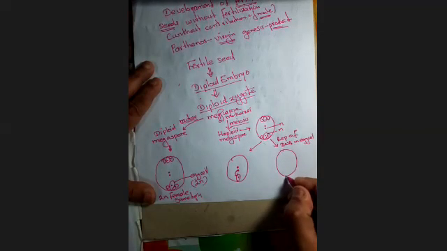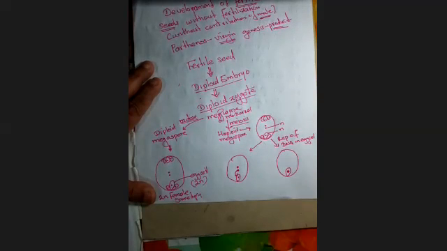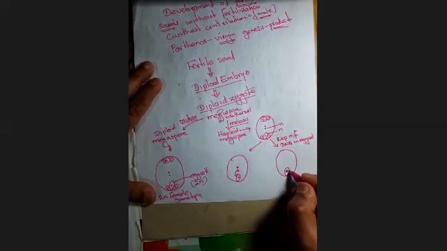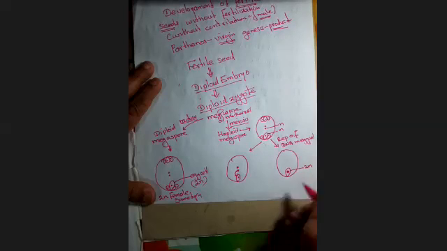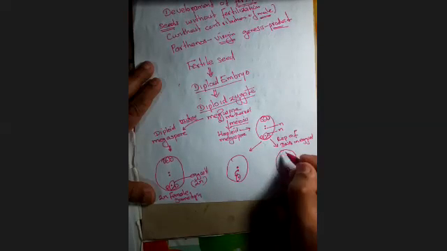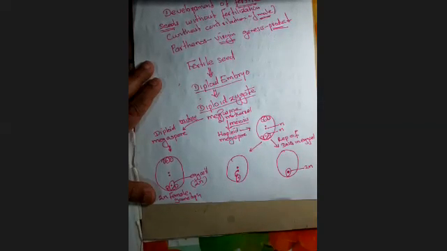That means the egg cell's DNA will double and become diploid. While the others stay haploid, the egg alone becomes diploid. Are you clear? Yes, sir.